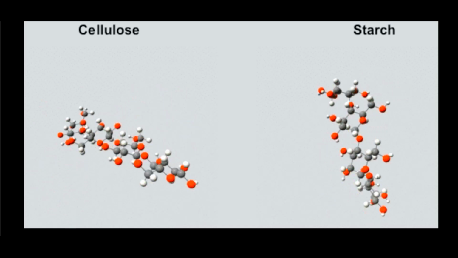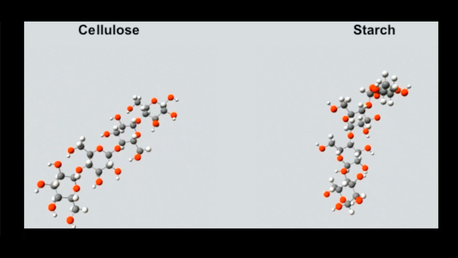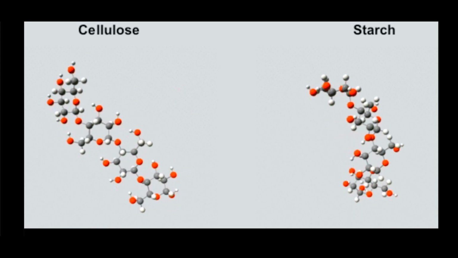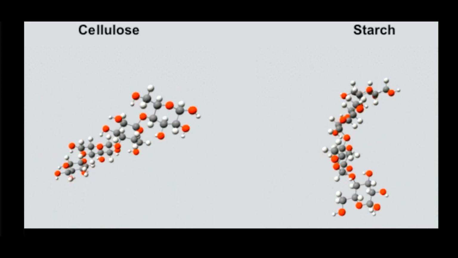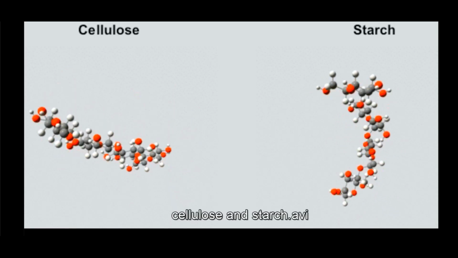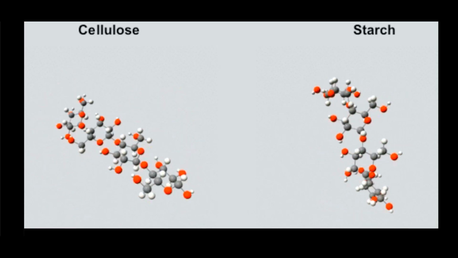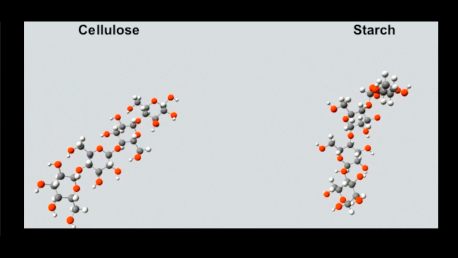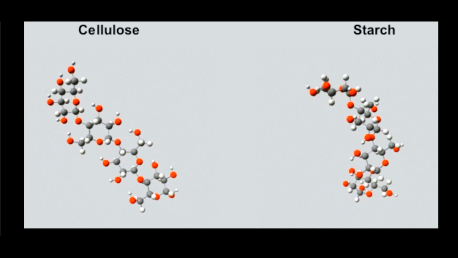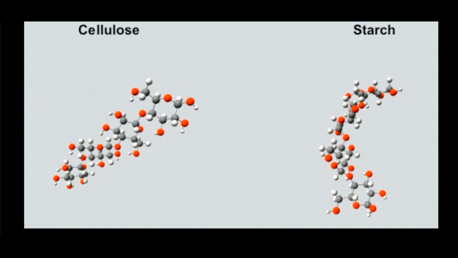They're long chains of sugar. Cellulose and starch differ only in one position, having a different configuration. You can see it in this video, right around there. I don't know if you can see what I'm pointing to, but you can see there's one position switched.